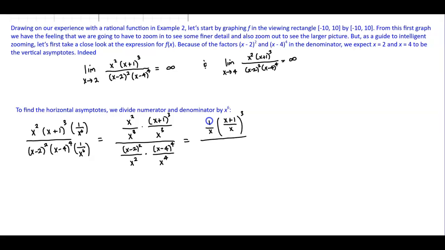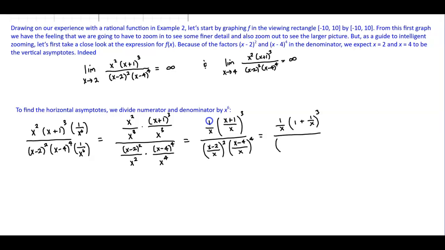And then in the denominator, we have x minus 2 over x squared, and then x minus 4 over x to the 4th. Now we can simplify what we have in the parentheses. That x over x becomes 1, and then it's plus 1 over x by separating those, and that's cubed.